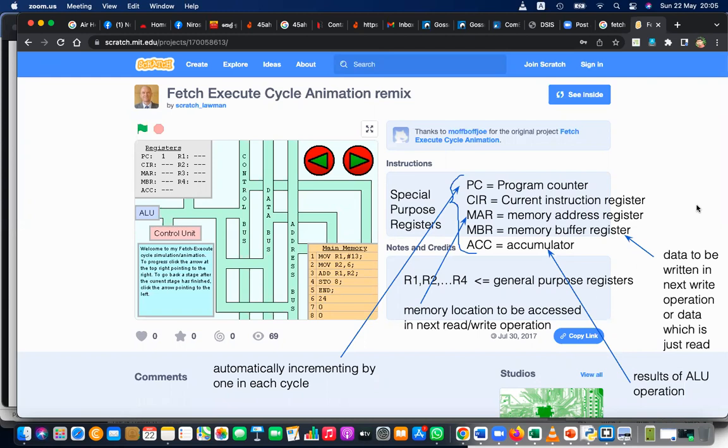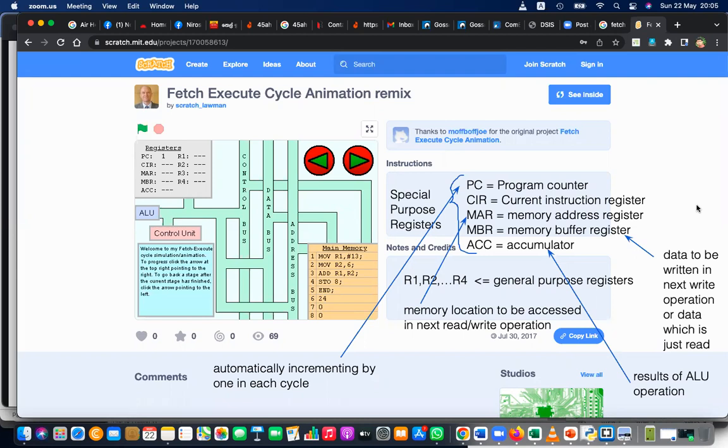Program counter is incrementing automatically each round. Current instruction register is the currently running, currently executing instruction. Memory address register is the location to be accessed in the next read write operation.